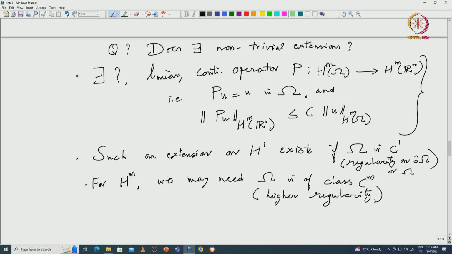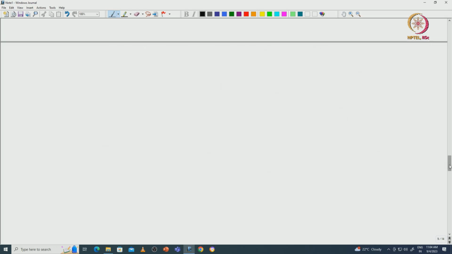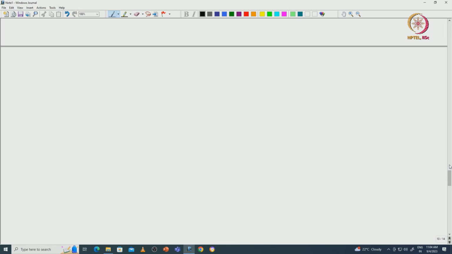All right. So, let me tell you a little bit about this. If the boundary is flat, things are easy. The problem is when the boundary is curved.